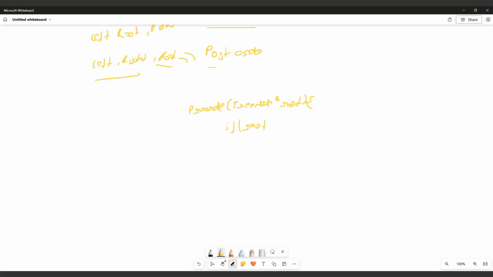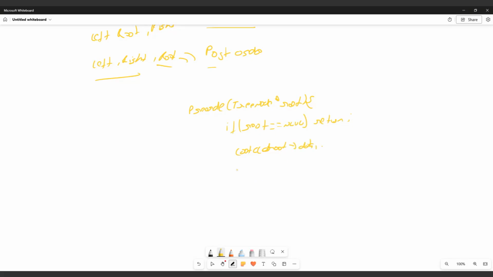If root is equal to null, do nothing, just return. There is nothing to worry about. Then print the root's data.